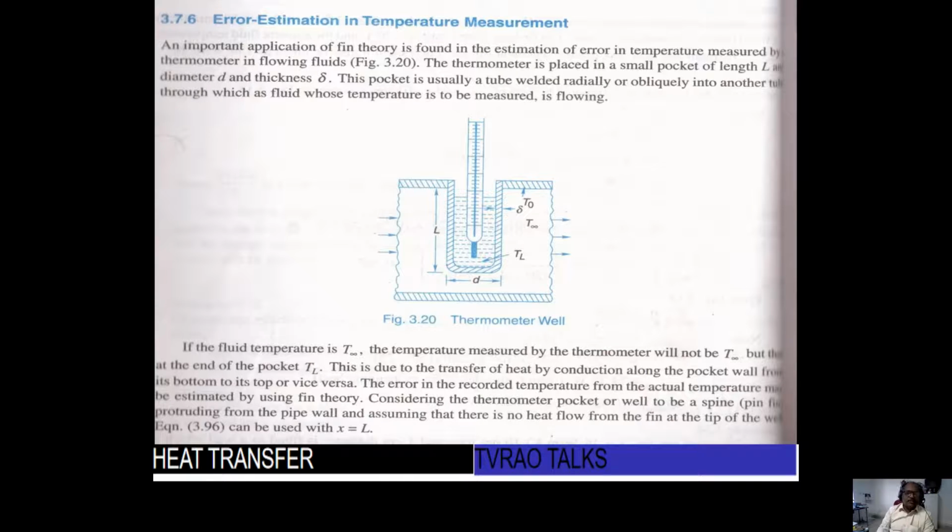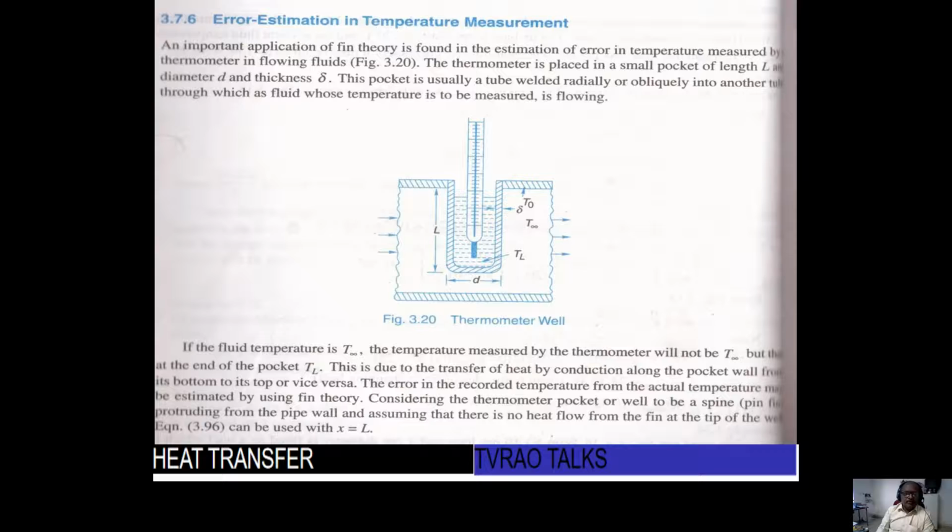So here there is a pipe. Inside the pipe some air or fluid is flowing where the temperature is T infinity. For this particular fluid temperature, we are going to find out the error estimation of the temperature measurement.